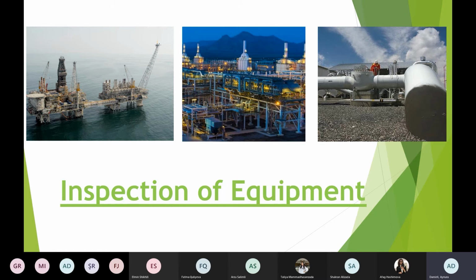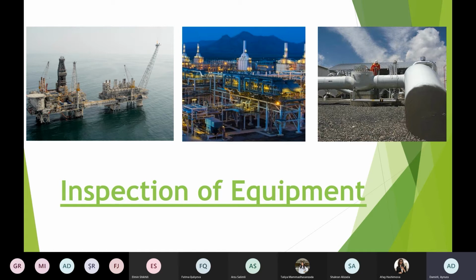When we say oil and gas facilities, this is equipment consisting of metal, or different types of metals. What do we do with this? For example, we know that when we install any equipment on site, it cannot operate until the end of life without any issues.